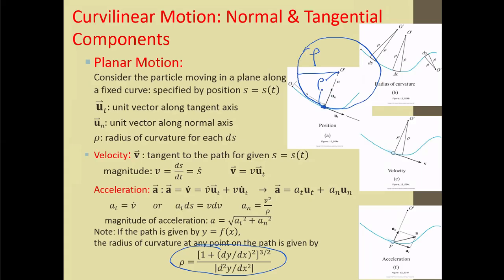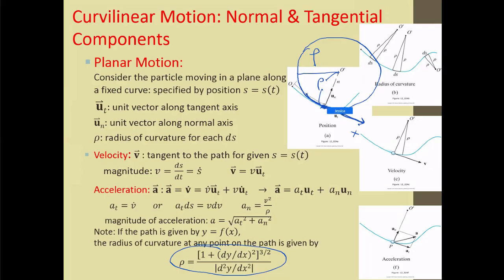Okay, now then, set up the tangential axis. The tangent axis is always tangent to the path at the point. The particle is moving forward, so forward is positive. And the normal axis points to the center of the circle, because this path at the point shapes like an arc of a circle with a radius of rho.